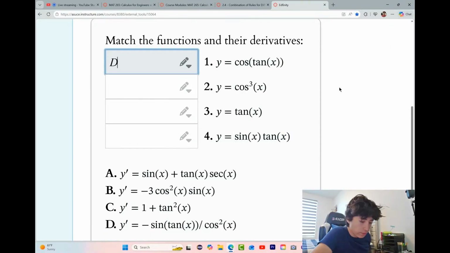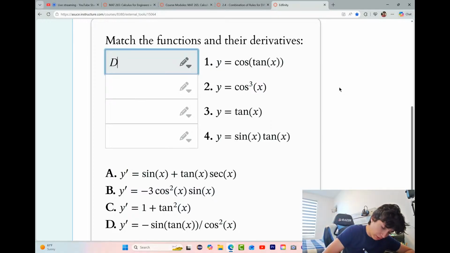So the derivative of tangent of x is secant squared, and secant is 1 over cosine of x. So secant squared of x equals 1 over cosine squared of x. Yeah, that'll make sense now. So tangent of x prime is going to be secant squared of x times negative sine of tangent of x. And this is the same thing as 1 over cosine squared of x times negative sine. Well, this is ugly. Hold on, dude.